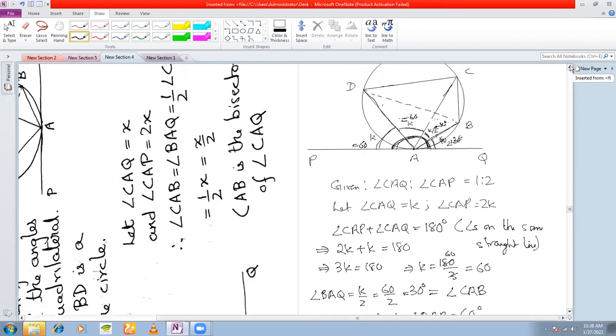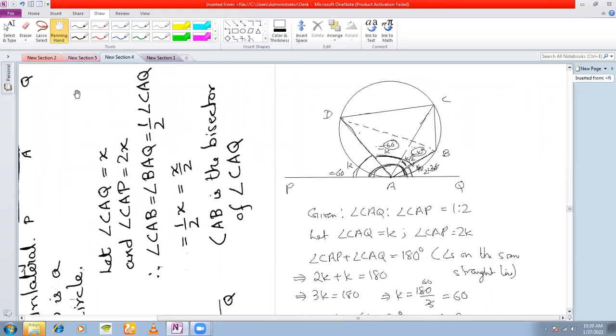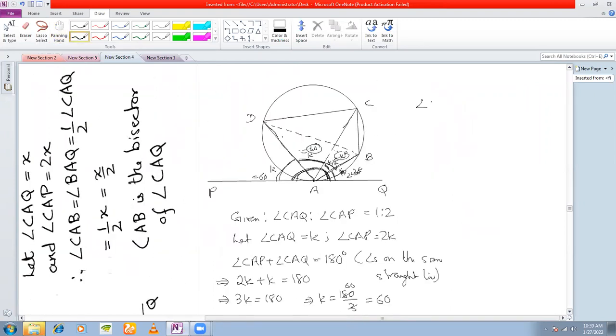Now we need to find all the interior angles of the cyclic quadrilateral. So what is the first interior angle here? If this is 60 and this is 30, then this angle here is how much? 60 plus 30, right? So this first angle here is 90 degrees. So let's write, angle DAB is 60 plus 30, which is equal to 90 degrees.